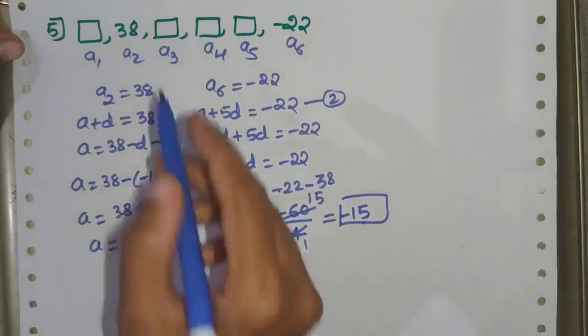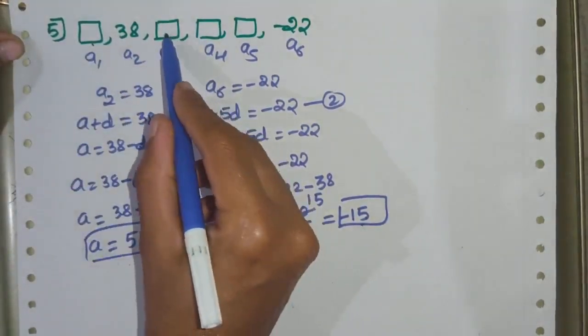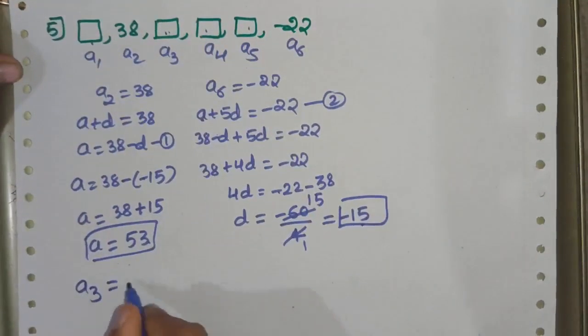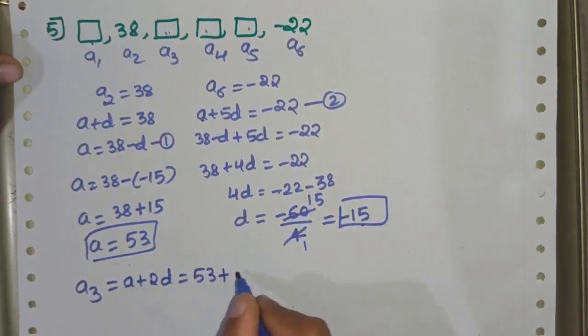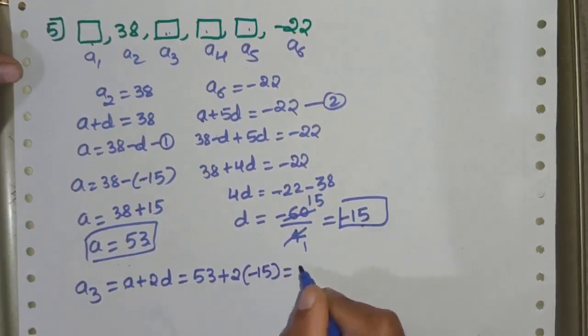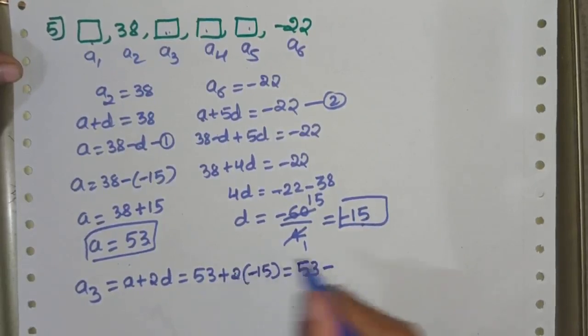So next we need to find out the A1 term, that is the first term A, and A3, A4, A5. The A3 term is A plus 2D equals A is 53 plus 2 into D is minus 15, equals 53 plus into minus, minus 15 2s are 30.